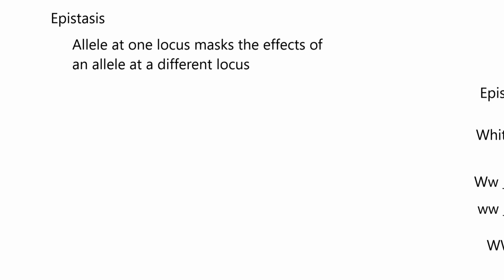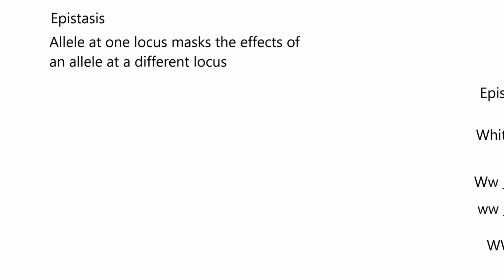Okay, we're going to talk about epistasis. It's a type of gene action or interaction. Not sure what's the best term. Usually they say gene action. And epistasis is where an allele at one locus, now pay attention here because we're talking about different loci, which we haven't hardly before.